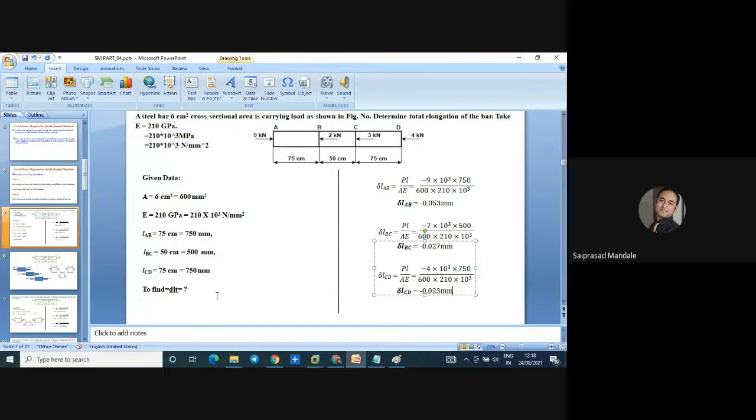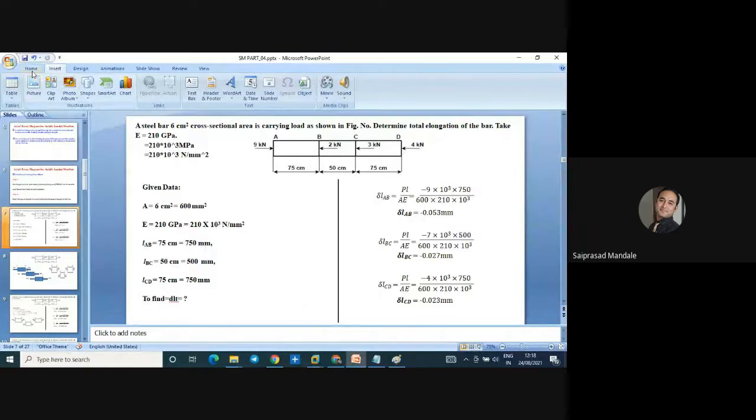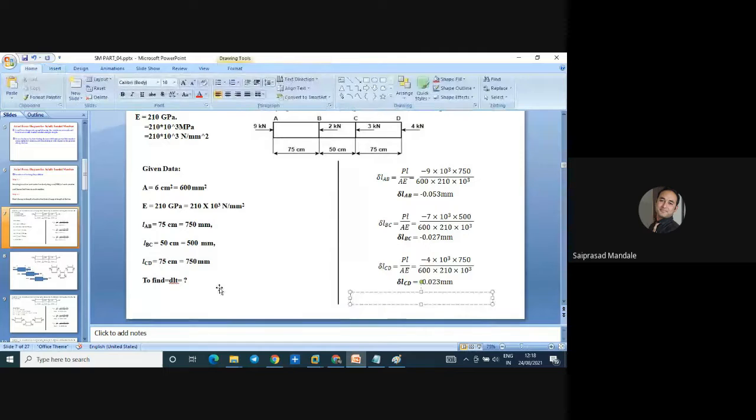So the total deformation, delta L total, is equal to this plus this plus this.